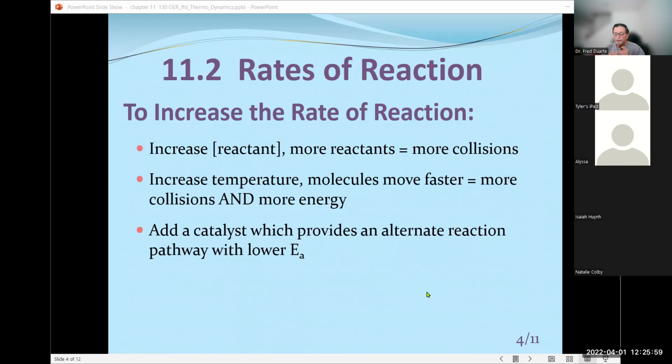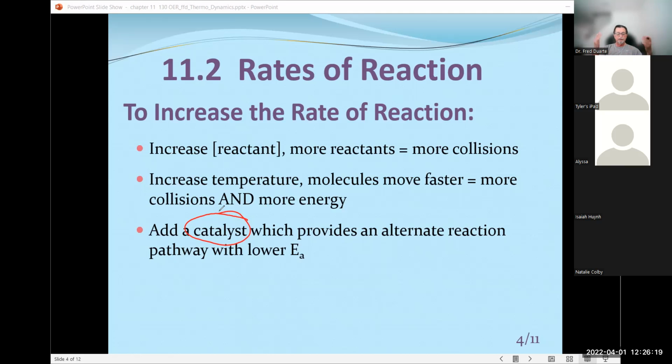We can add what's called a catalyst. A catalyst is simply a material that aids in the reaction. What it's doing is lowering the activation energy necessary for that reaction to proceed.